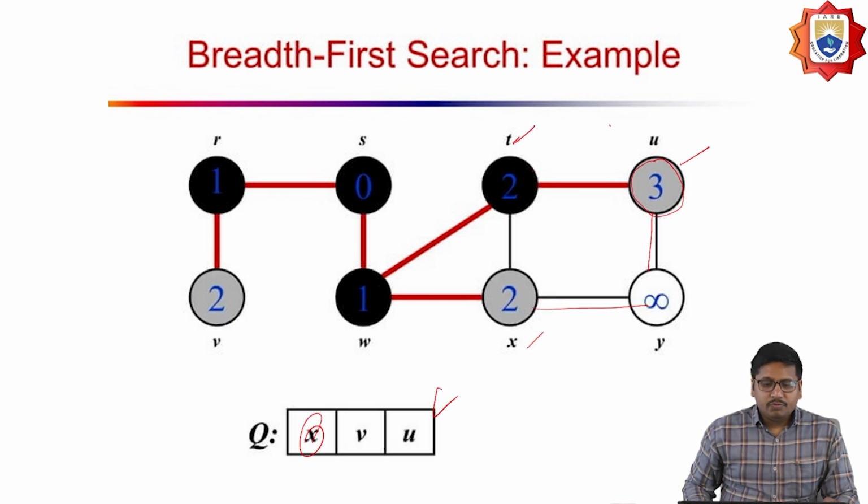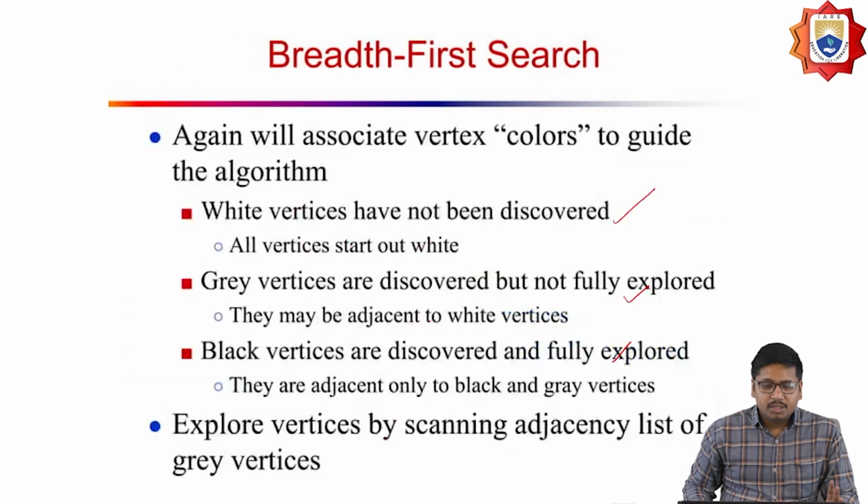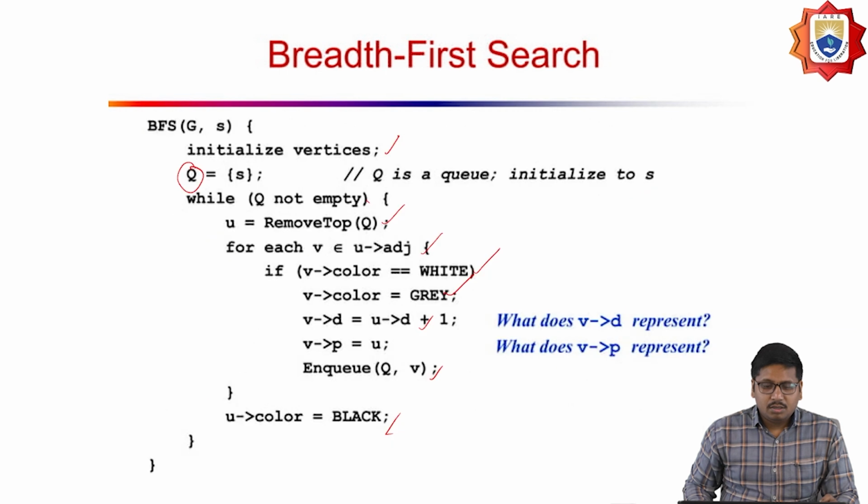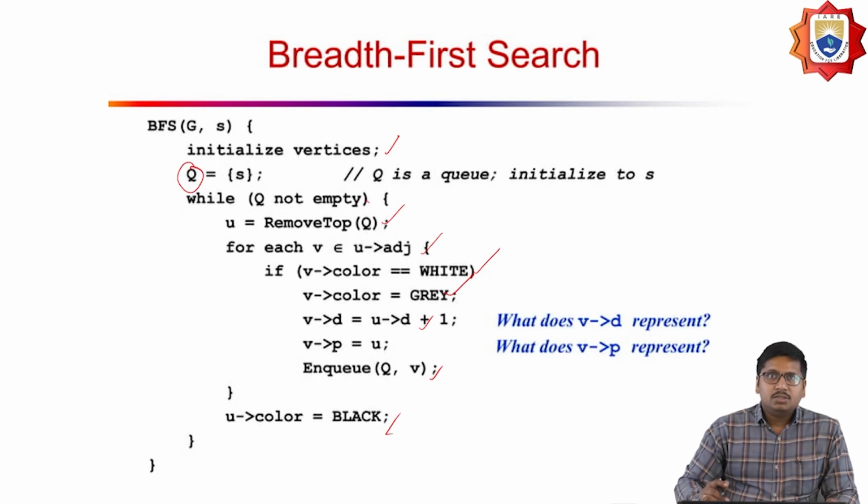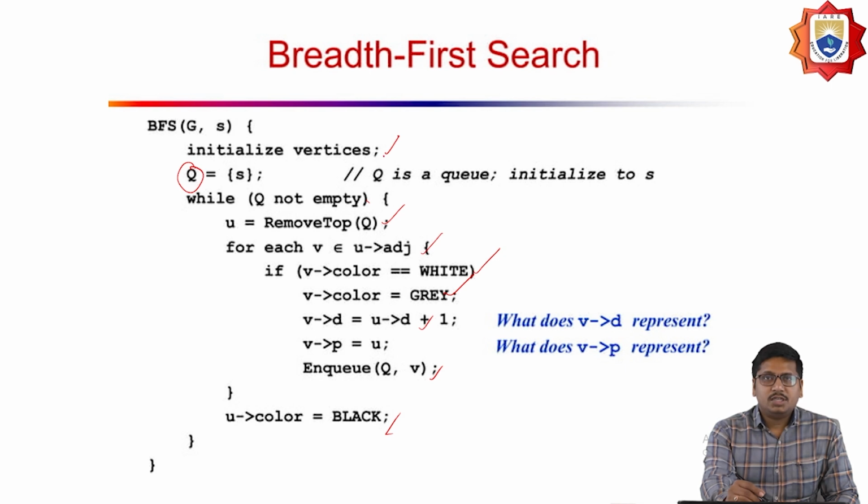Okay, so further how I'm going to implement this is by using this algorithm. So here I'm going to have these vertices, initialize the vertex first, and once the vertex is initialized, we have to take the source vertex of the graph that should be pushed onto the queue first.